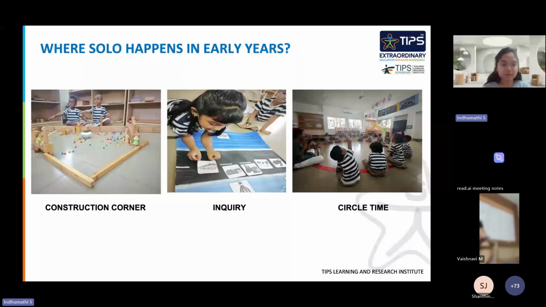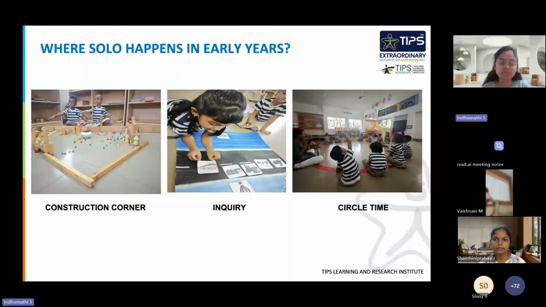And if you look at the middle picture, that is during the inquiry. In this picture, the learner is sorting the vehicles into three modes of transport. So how do all the solo levels happen here? Initially, at the pre-structural level, the learner may randomly name the vehicles. If the learner identifies one mode of transport, that comes under the unistructural level.